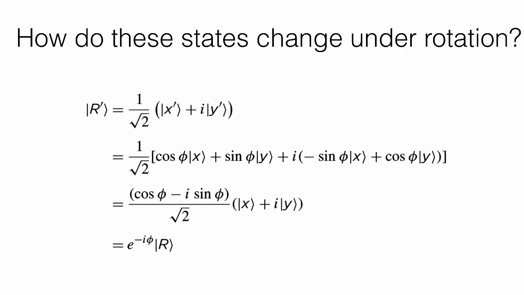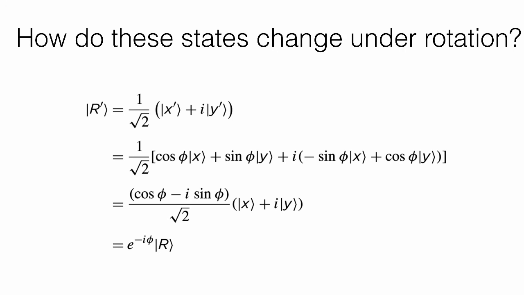So this is quite surprising. Actually, it's not surprising in the following sense. If you have a circularly polarized state R, and you rotate your apparatus, you expect that what you get is still an R prime, still a right circular state, but you do not change anything about the physics other than a phase factor, which is exactly what you have here.